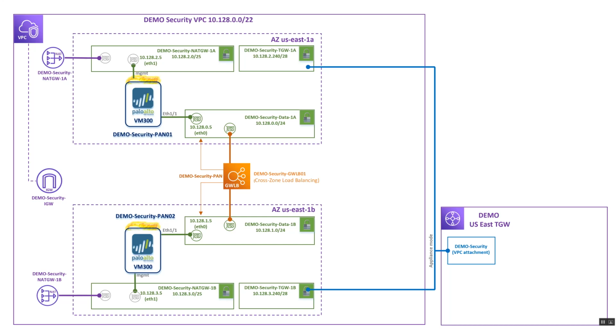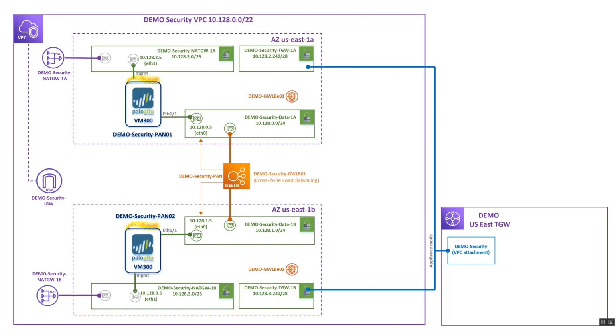So there are health monitors that are hitting that data interface. In this case, I'm doing HTTPS, and what you need to do there is, on the interface level of the Palo Alto, set up a management profile, and in that management profile, you would allow HTTPS as an example, right? That will allow the health monitor to keep hitting that firewall to ensure that the firewall is operational, and for the load balancer to be able to forward packets to it as needed.